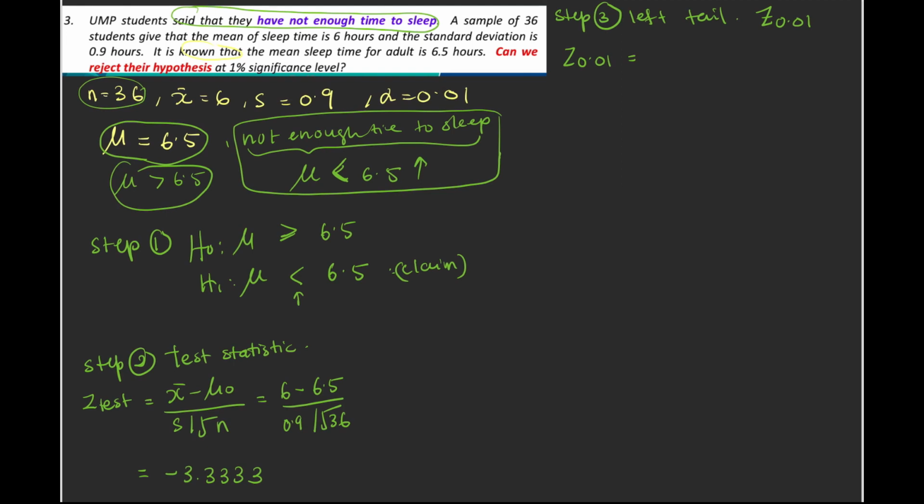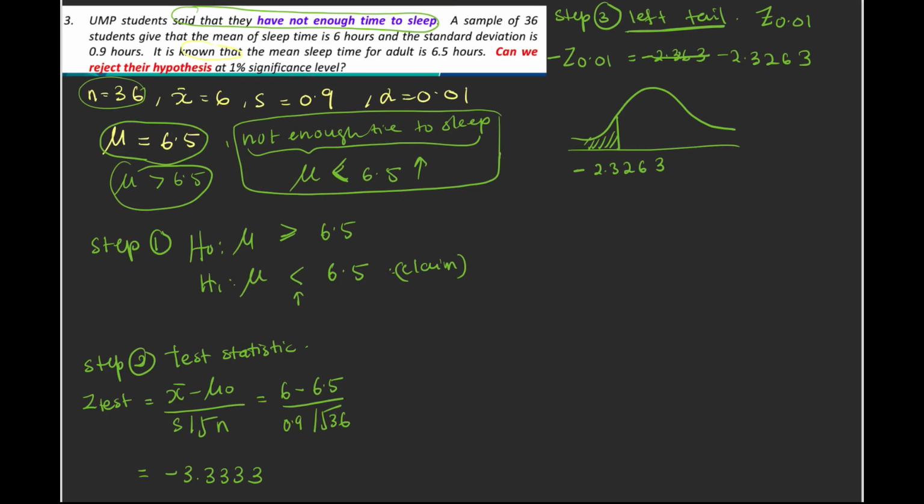It will be 2.3263. Because it is a left tail, put the negative sign. So when you draw, it will be the left tail shaded region, and put the negative sign, negative 2.3263.